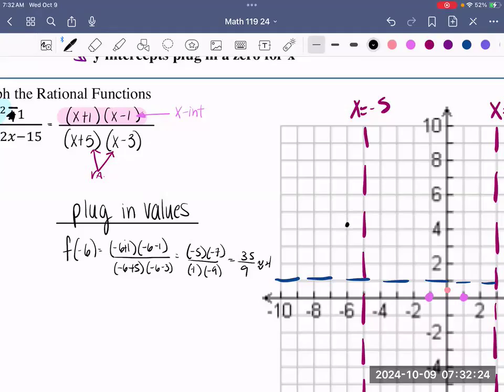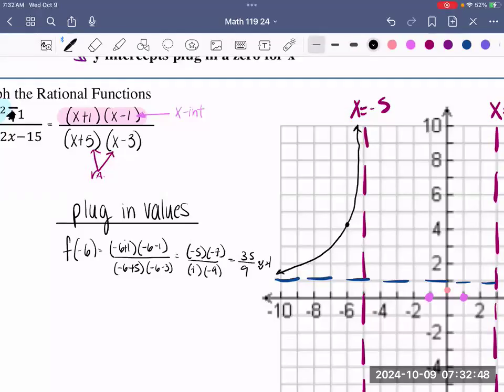So when we figure out this point, if we need an additional point to plot, we could choose -7, -8, or maybe even a value that's a little bit closer. But your end behavior at these asymptotes, we're going to start to scrape up and then again try to approach them and scrape downwards.